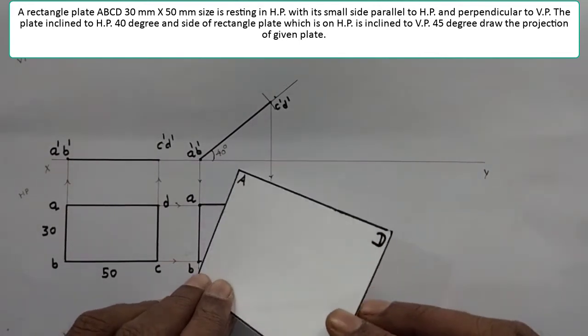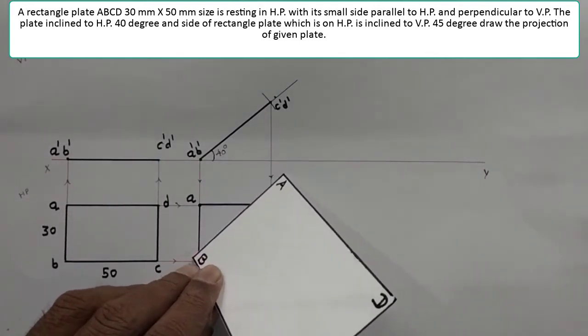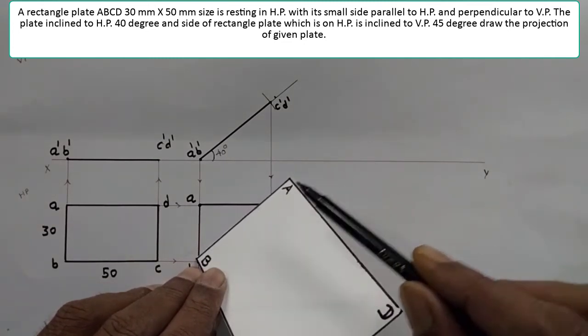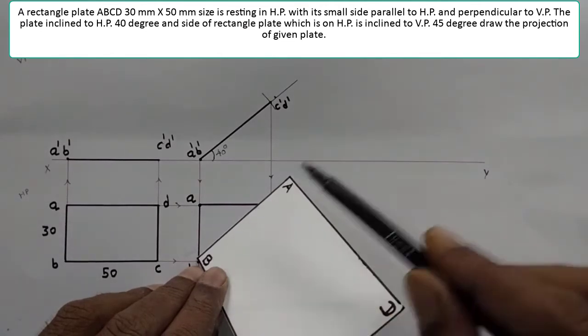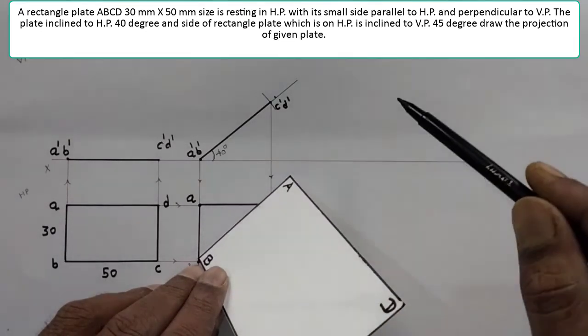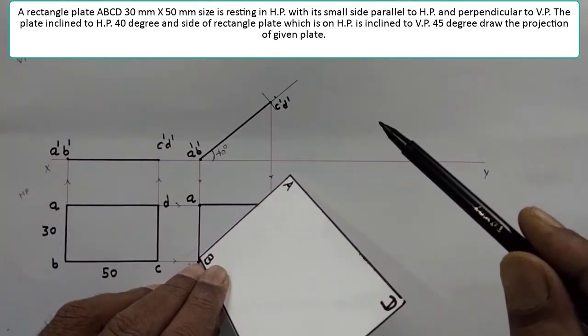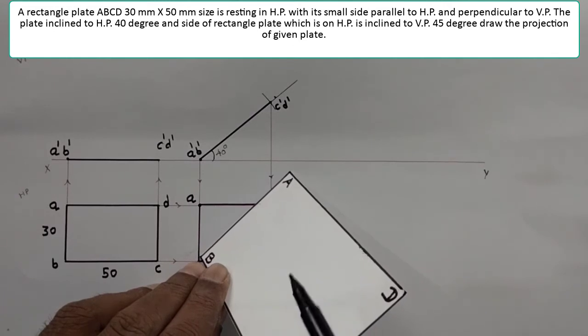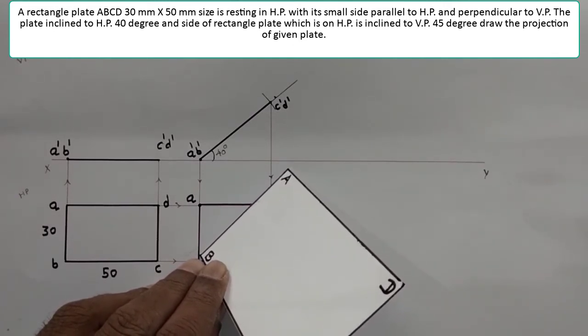So I rotate and arrange my AB side inclined to VP at 45 degrees, and you can draw your elevation and plan for your third stage. Now check.